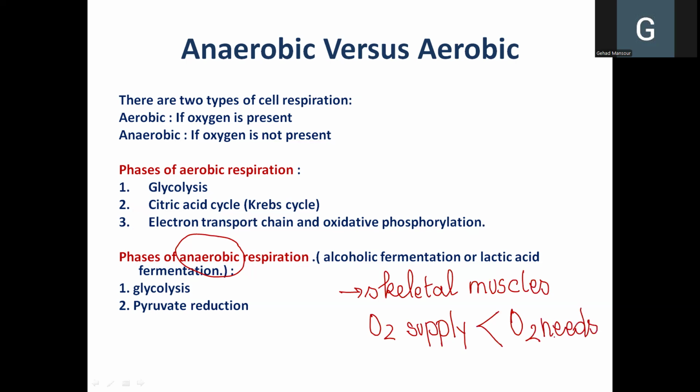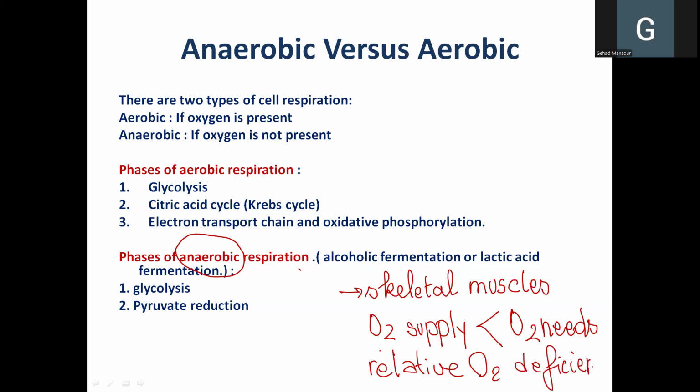So the muscle must find a way to still get energy in this process of what we call, this is not absolute oxygen deficiency, but this is relative oxygen deficiency.